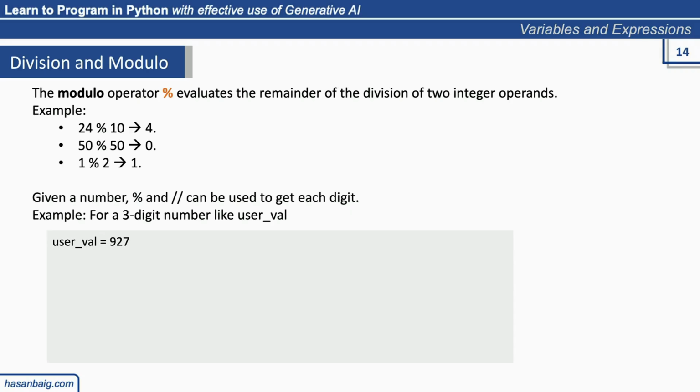7. Are you sure? I'm floor dividing it by 10. It is just like 927 divided by 10. What should be the answer? 92.7. But we are performing floor division, so it will drop this part. And what will be the outcome? 92. Which means that when we divide a number by 10, it will drop the last digit. If I divide it by 100, it will drop the last 2 digits and retain the first one.